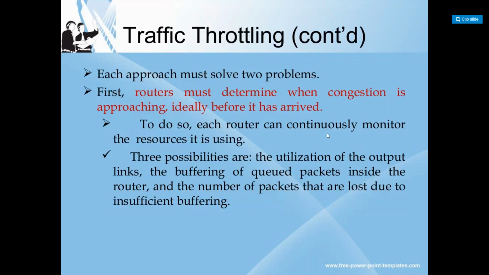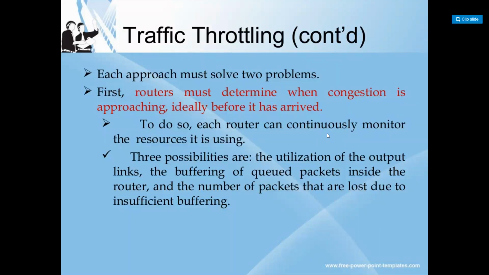Each approach has two problems. The first problem is that the routers must determine when the congestion is approaching, ideally before it has arrived. That means the router needs to identify very soon that congestion may occur.